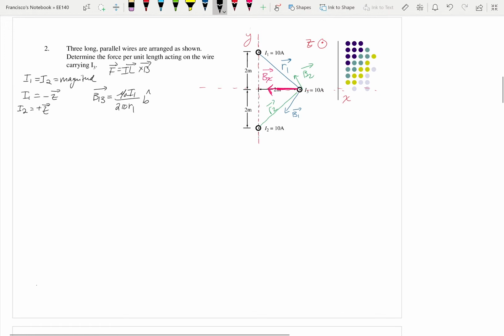The magnitude of B1 is mu naught I1 over 2 pi R1, in the direction of small b. Again, small b is the unit vector in the direction of B1, which we have in the diagram as B1.